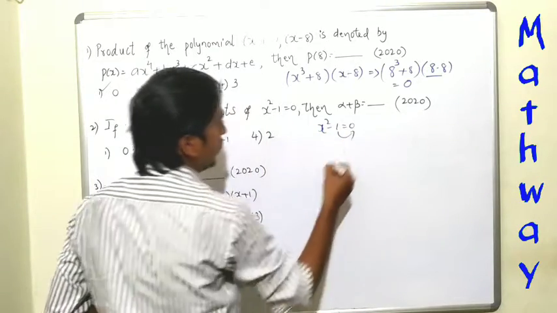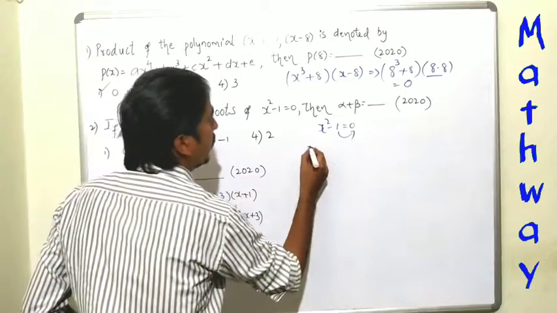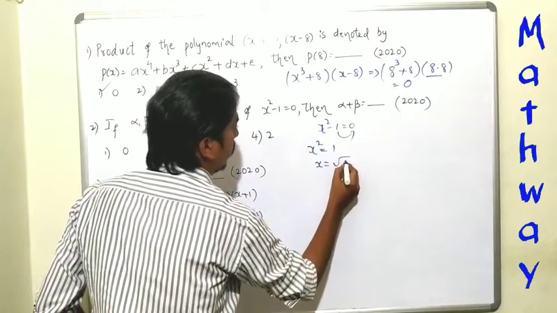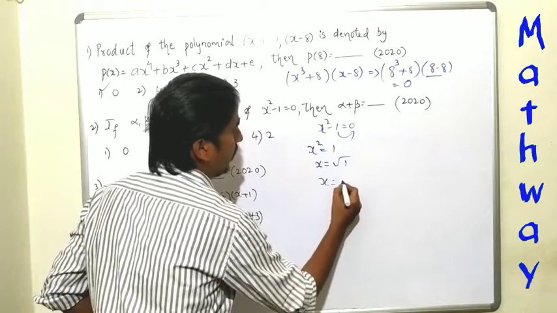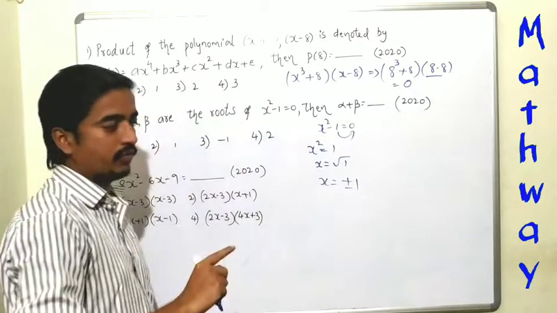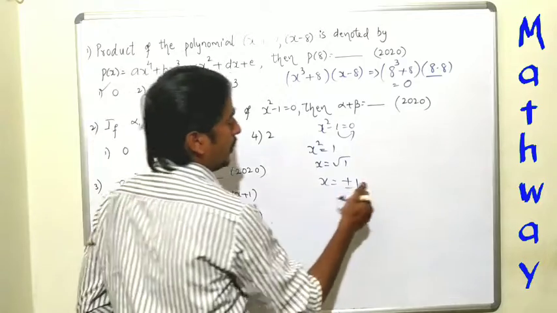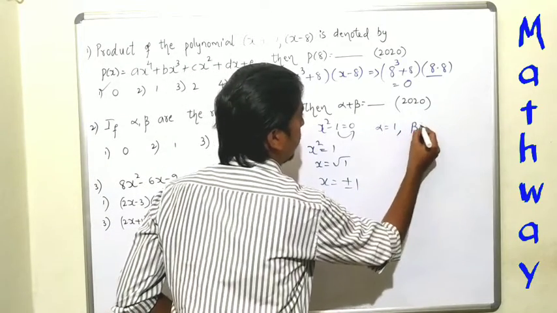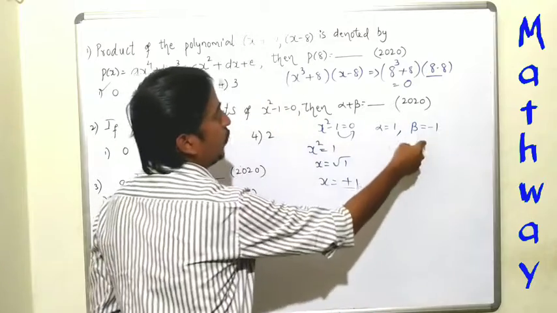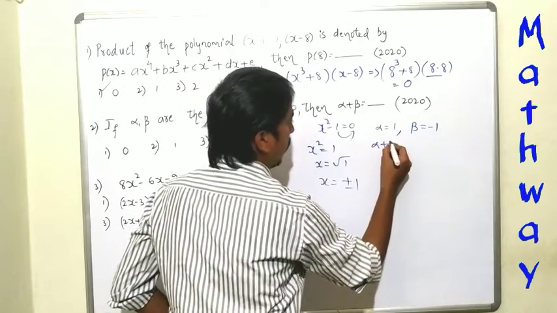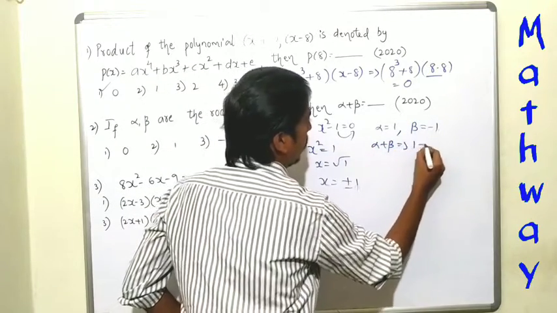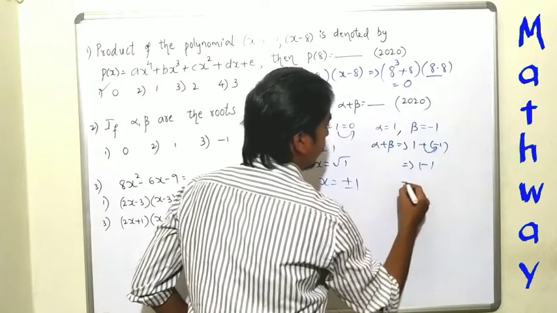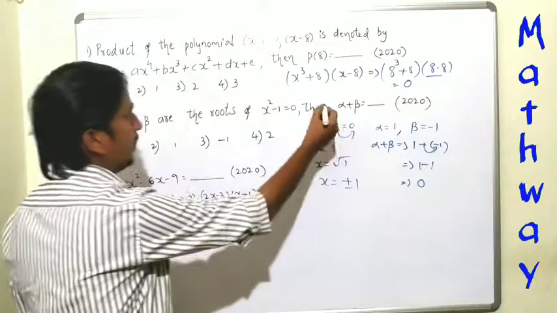Transposing minus 1 to the RHS, x square equals 1. Then x equals root 1, which is plus or minus 1. So the zeros are plus 1 and minus 1. Alpha plus beta is 1 plus minus 1, which is 0.